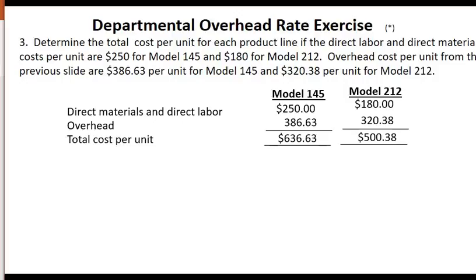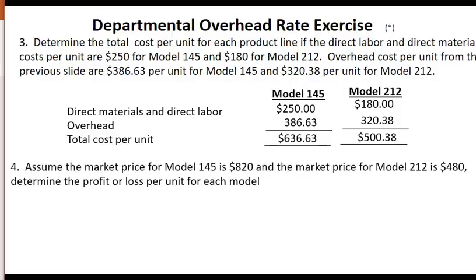I do that for model 212. Again, model 212, the material and labor cost is $180, and my overhead cost per unit is $320.38. So when I add these costs up, which include materials, labor, and now overhead, the total cost to produce model 145 is $636.63, and model 212 the cost is $500.38.